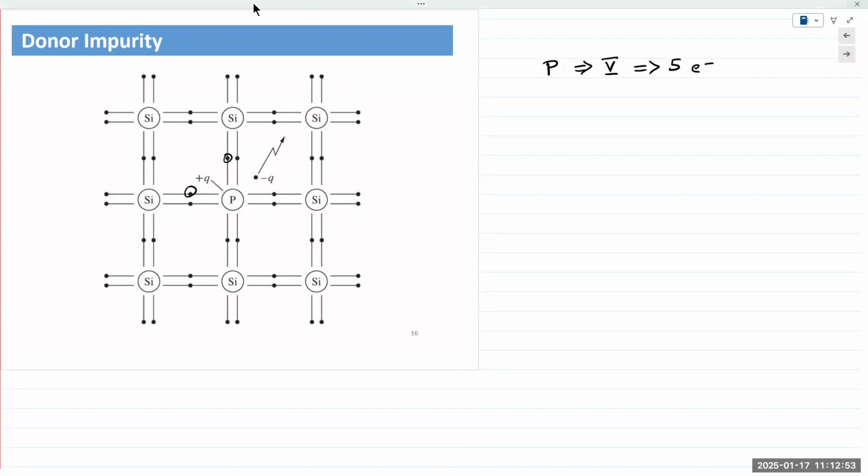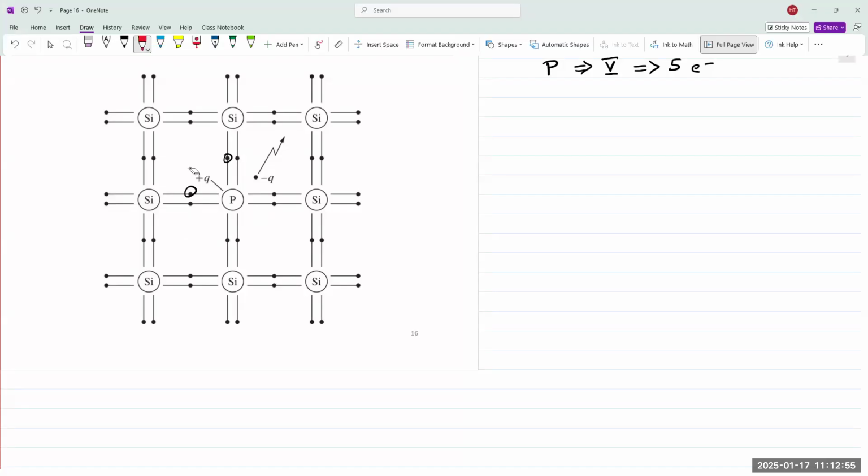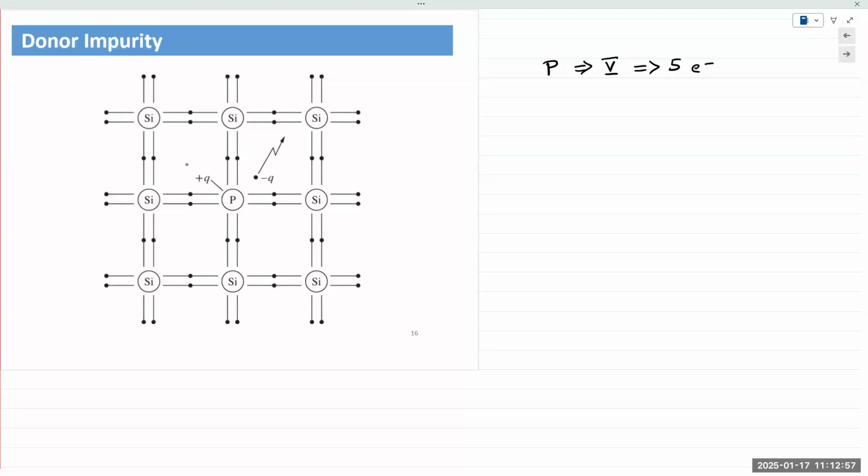Let's just say these are the electrons belonging to that phosphorus atom. So it forms a bond with 4 neighboring silicon atoms, and 1 electron is left over, which is right here.